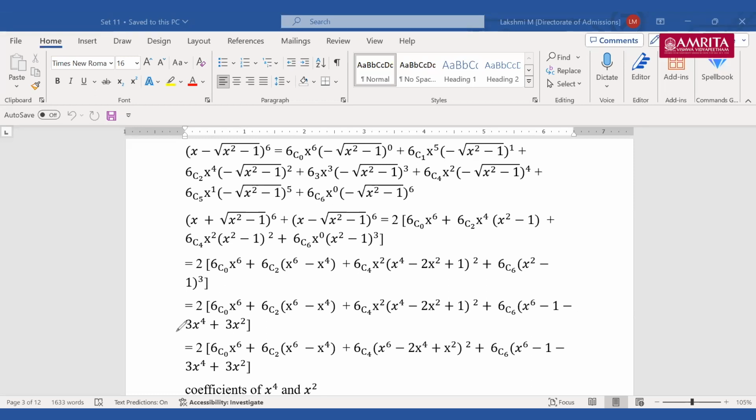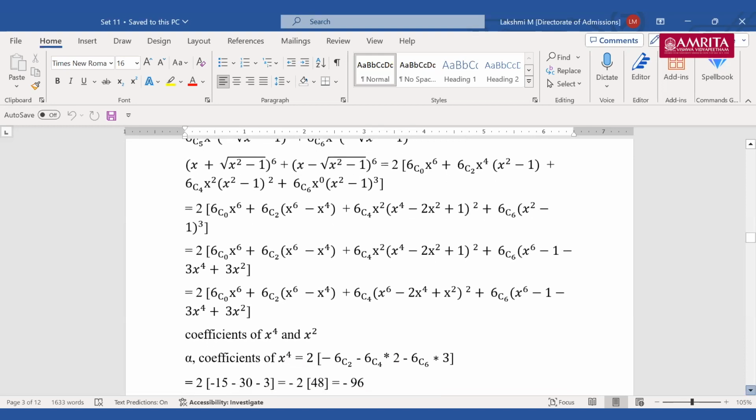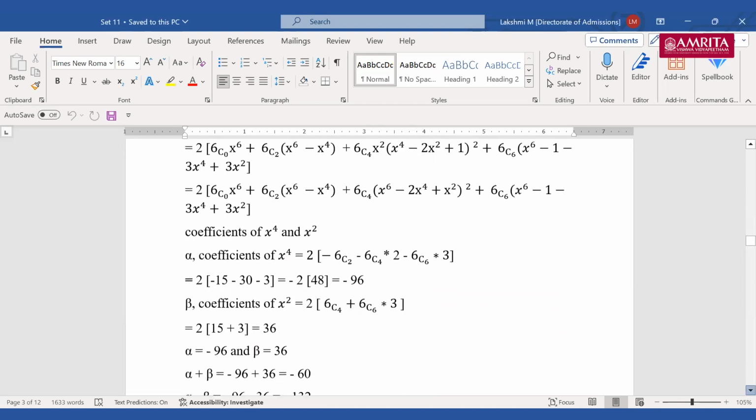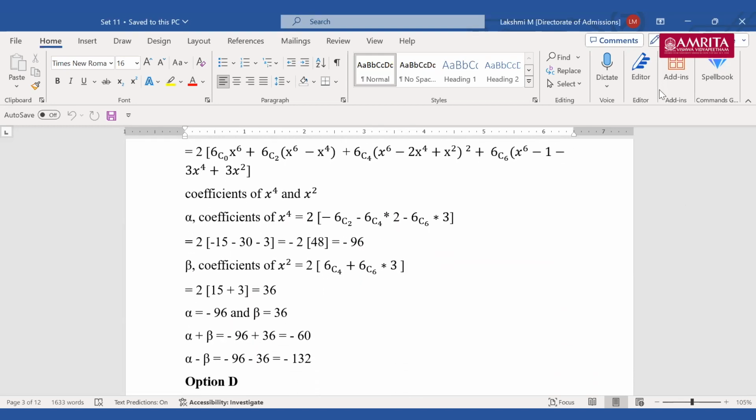Now I have expanded it. So once you expand all these terms, it's really easy for you to find out the coefficients of x raised to 4 and x square that's there in the question. So whenever you come across these type of questions, you have to expand it such that you will be able to sort out the coefficients.